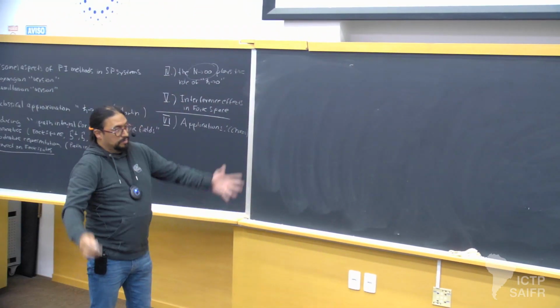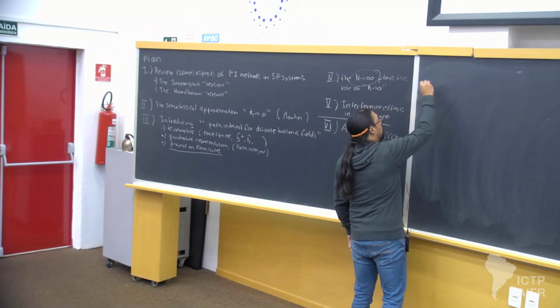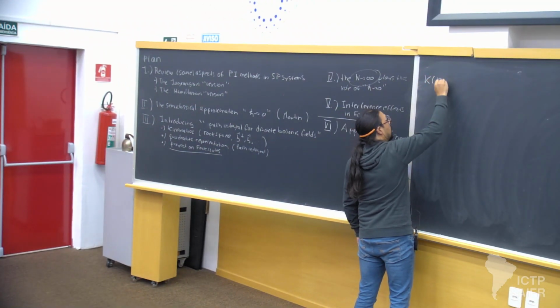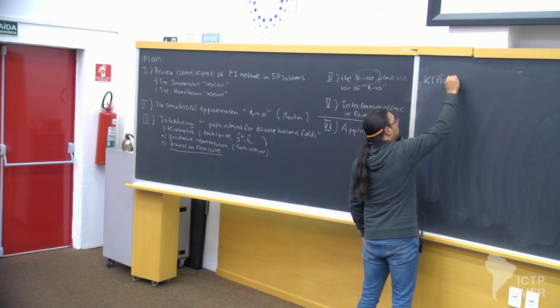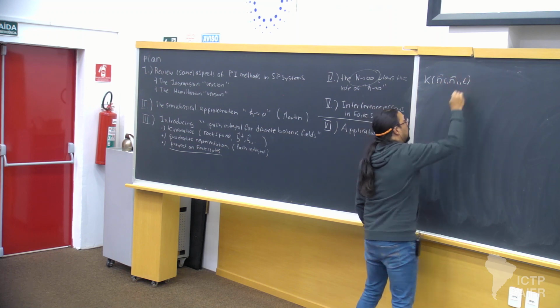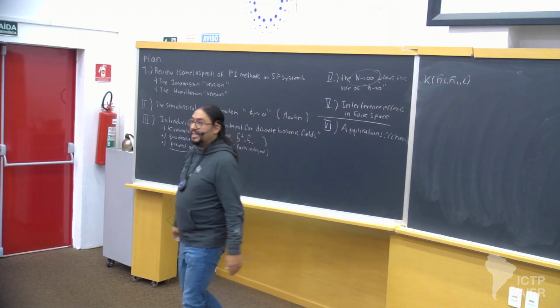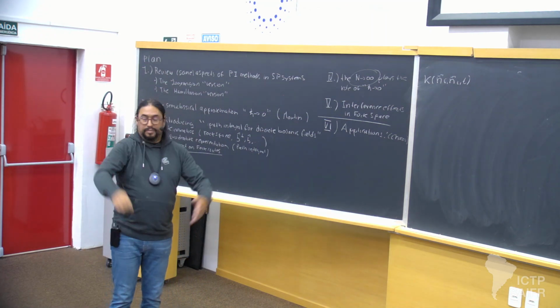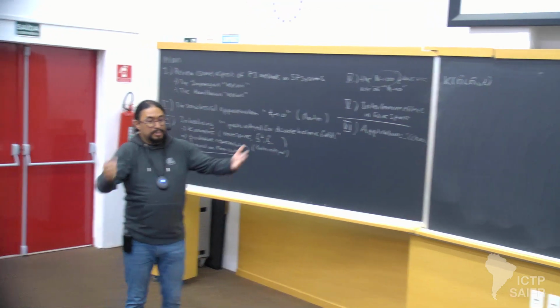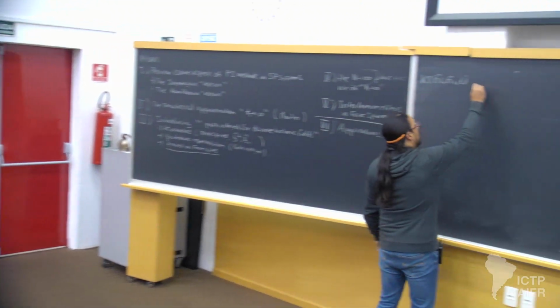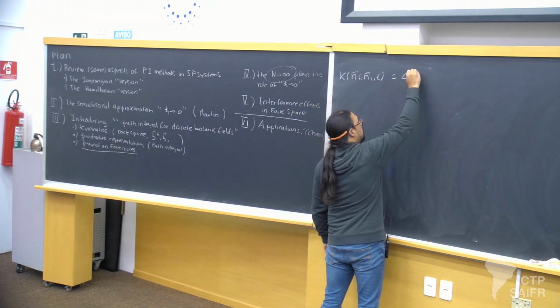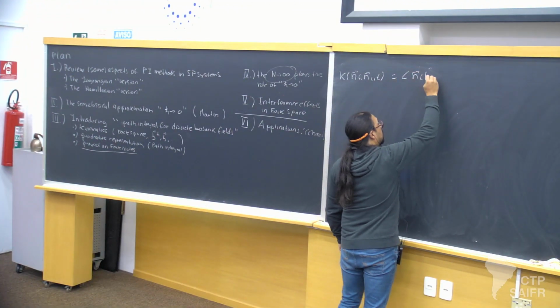So guess what? Well, we will do what we do in quantum mechanics when we have an object in a basis that we don't know what to do with: we represent it in another basis. So this object is defined by this.